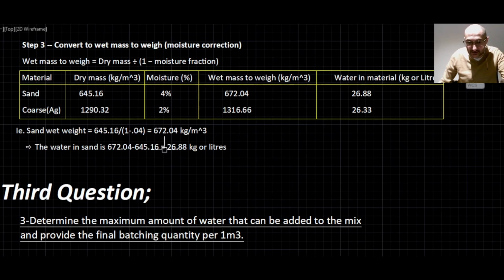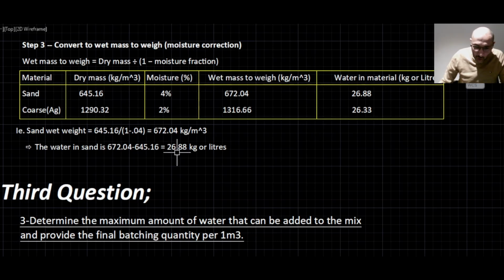Now, if you take this 672.04 and subtract it from the initial dry weight, which is 645.16, you will get 26.88 liters. All right, and we do the same with the coarse aggregate. Okay, so in this case, we will have the dry weight, which is 1290.32 divided by 1 minus 0.02, which is equal to 1316.65 kilogram per meter cube.